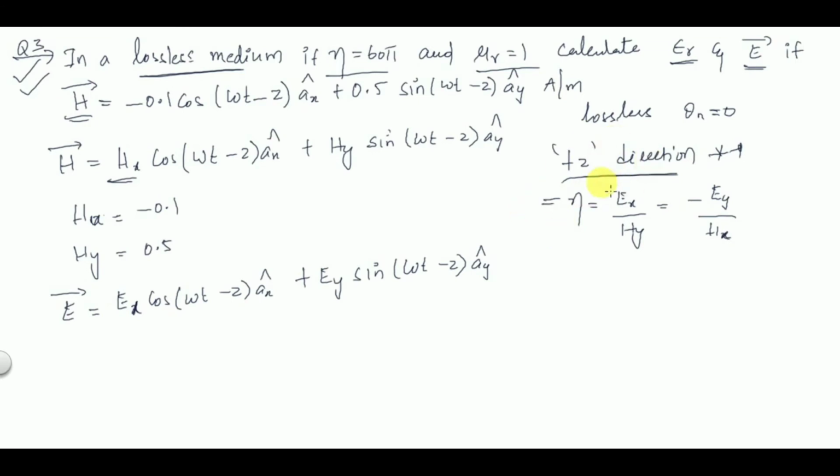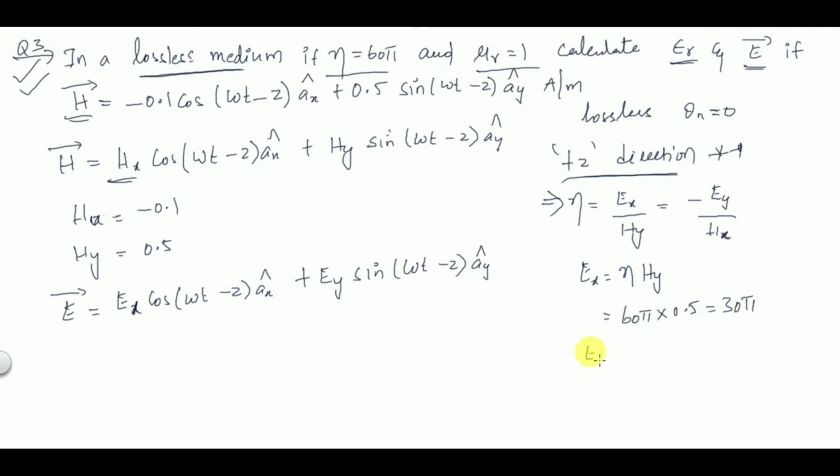So what is the Ex value? Ex is equal to eta into Hy. Eta value is 60 pi and Hy value is 0.5, so it will be 30 pi.